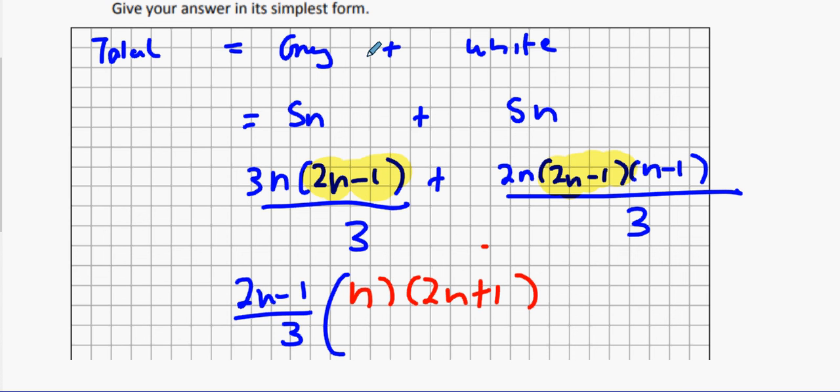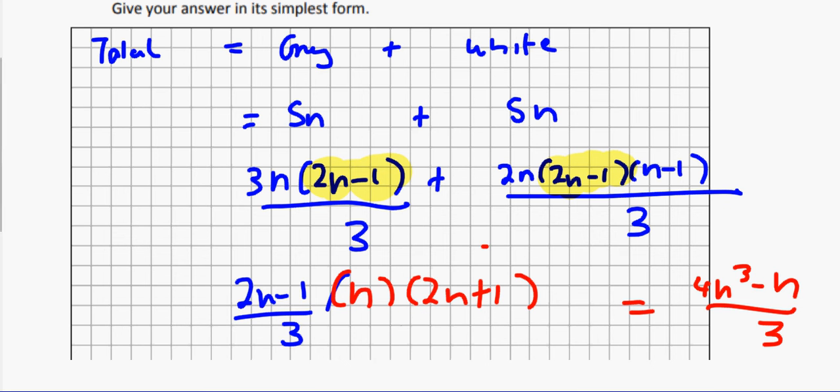And I believe that's actually my answer. I can just leave it like that if I want. The solutions multiplies it out into n(4n squared minus 1) over 3 when you multiply it all out, but I don't see the need to do that either, so it's whatever way you want to present the answer at the end of the day.